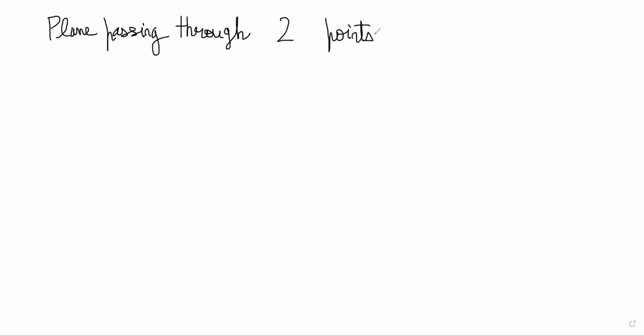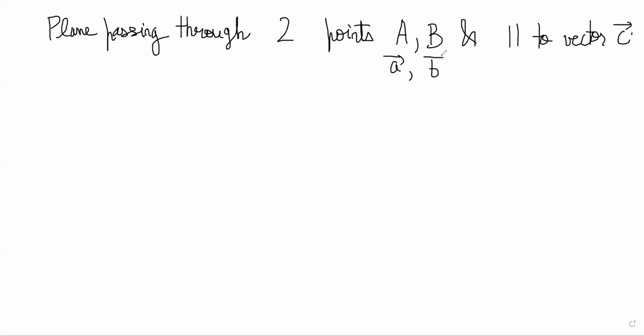Okay. Then the same thing can also be written in terms of a plane passing through two points. Earlier we had one point and two vectors, right? Now we can be given 2 points A and B and parallel to vector C, right? In this case, these are the position vectors of these 2 points. The plane passes through these 2 points.